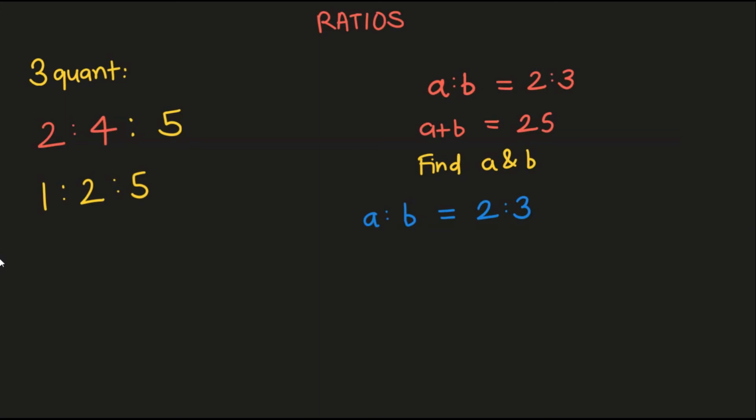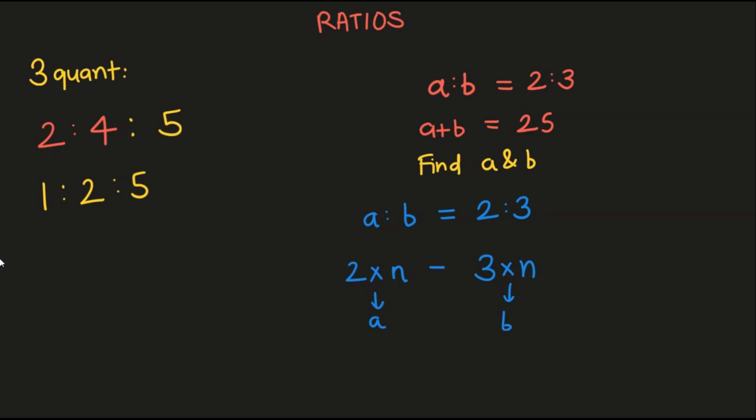So this might be a little complex, but let's solve it. Let's say 2 is multiplied by n. n is any number which is unknown for now, and 3 multiplied by n is B. So this is A, and this is B. We need to find what n is.